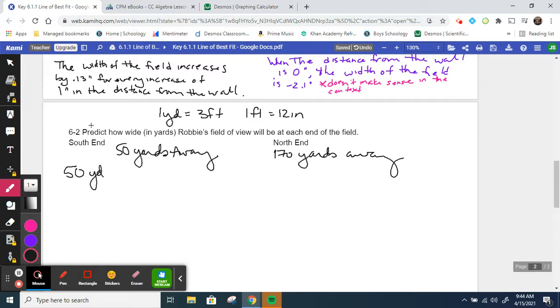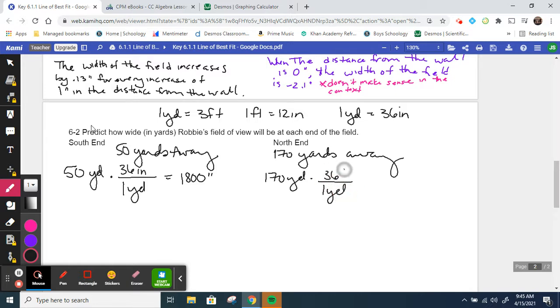So that means 1 yard is 36 inches. So if I want to convert 50 yards into inches, it's basically 50 times 36, which is 1,800 inches. For this 170 yards, I want to go from yards to inches, and I know 1 yard again is 36 inches. So that's 6,120 inches.